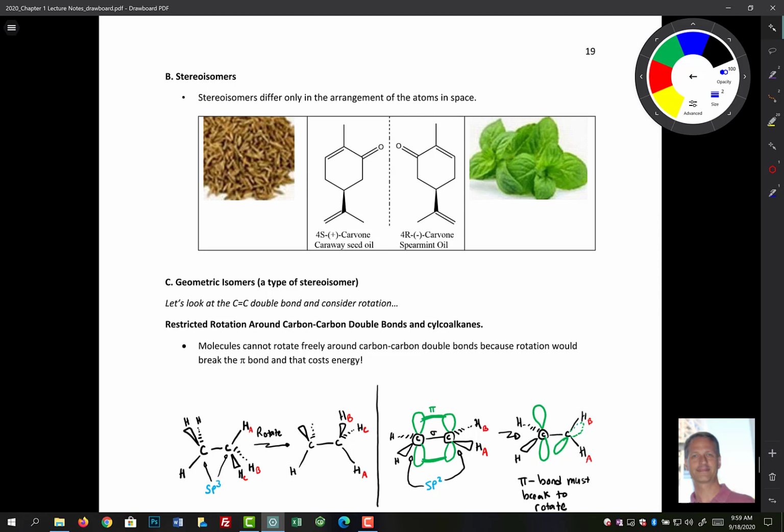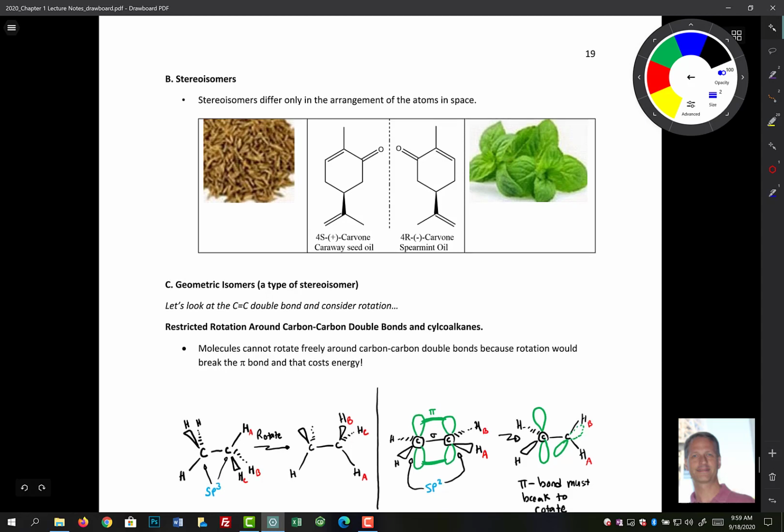And it's conceptually a little bit challenging, but they are isomers that differ only in the arrangement of the atoms in space. So, for example, the molecule over on the left right here, this is caraway seed oil. If we look at this, and if we imagine that this is a mirror, that molecule is the mirror image over here. It's the mirror image of the molecule on the left, right?